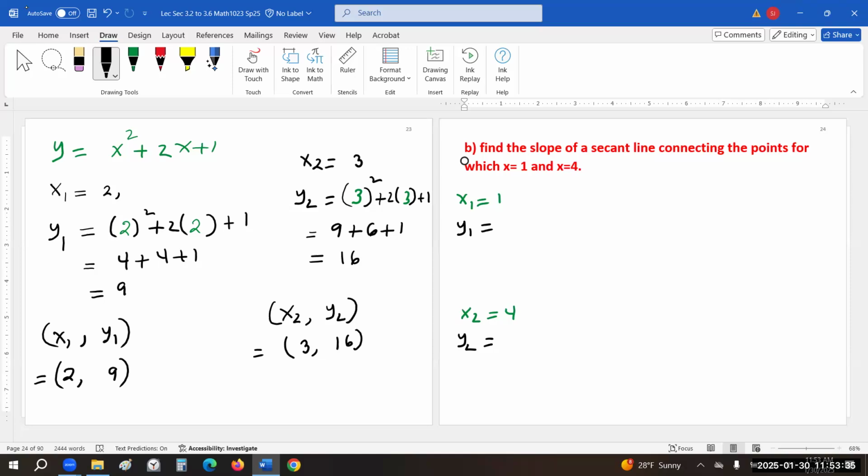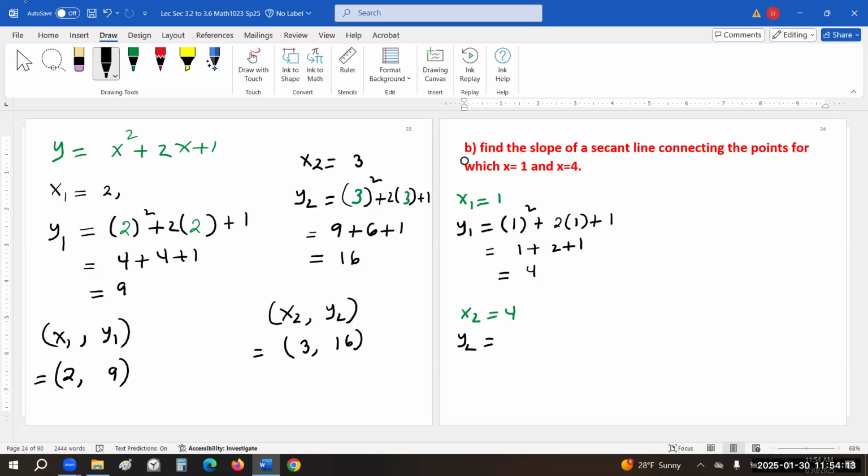Jacqueline, can you help me finding y1? Our x1 is 1. How do you find the y1? So what do we write? y1 equals 1 squared plus 2 times 1. And what do you have? 1 plus 2 plus 1 equals 4.